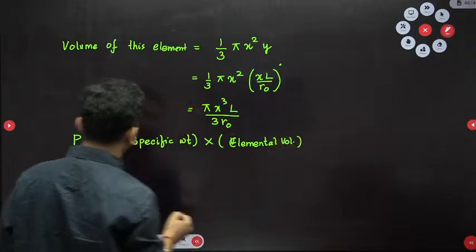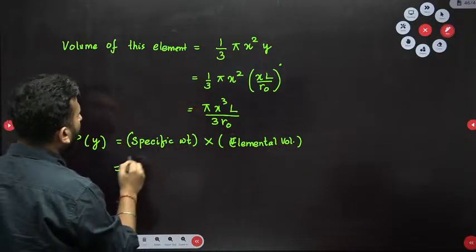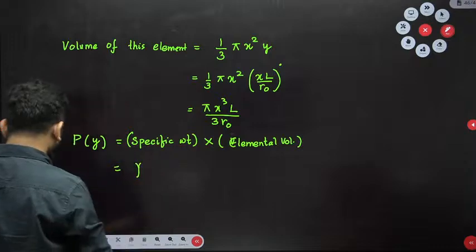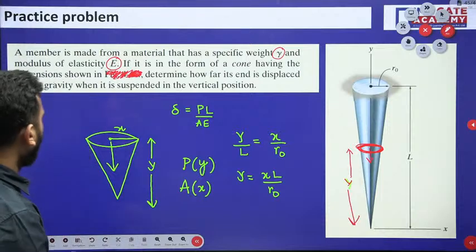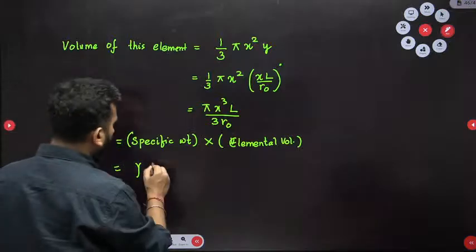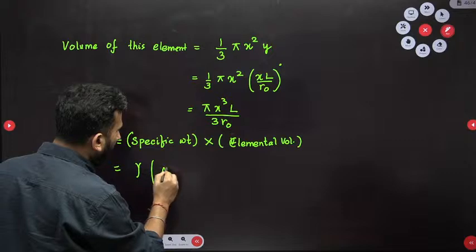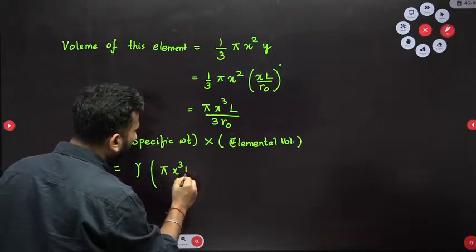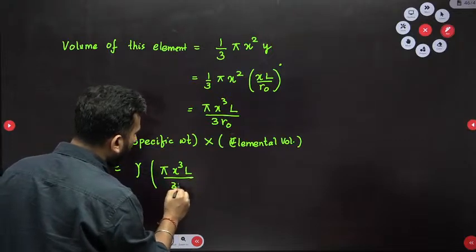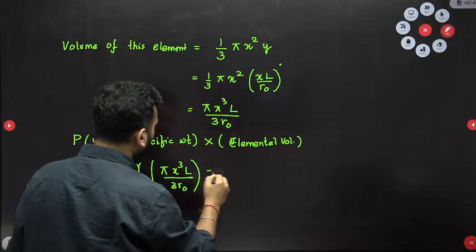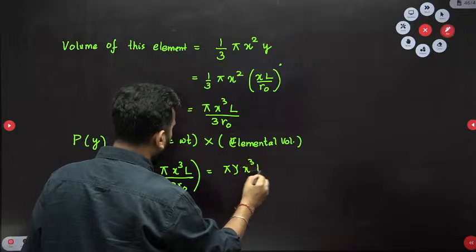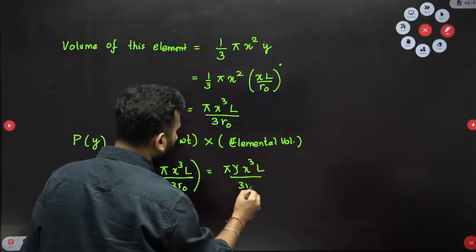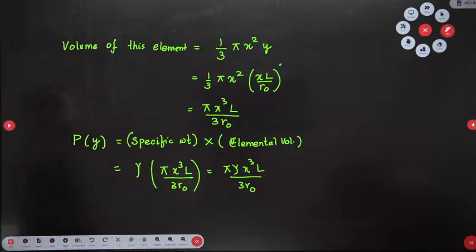The specific weight given is gamma. Yes or no? And the volume is pi x cube L by 3 r naught. So P equals pi gamma x cube L by 3 r naught. Is it clear till now?